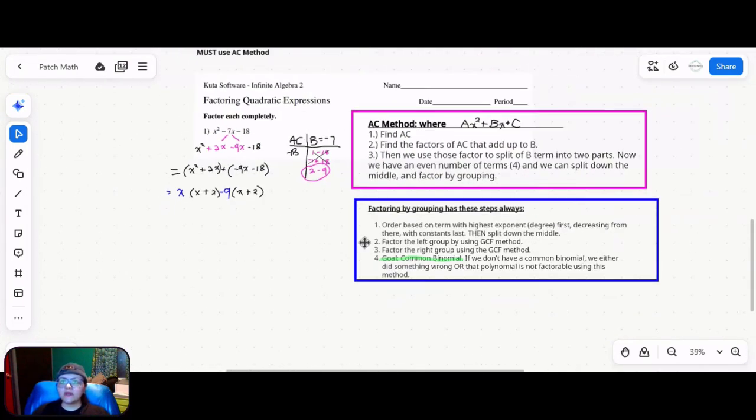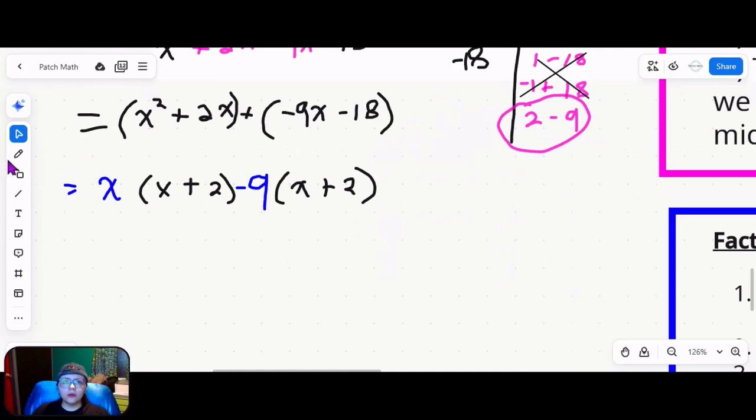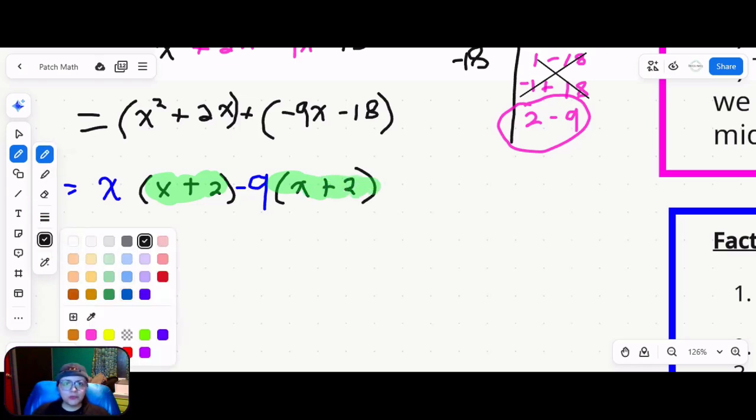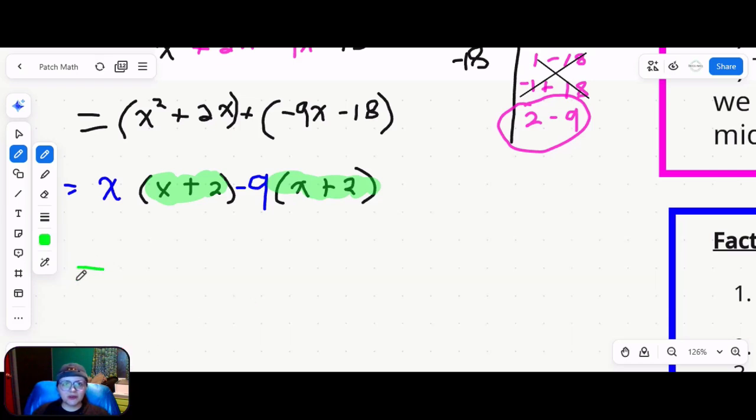And the goal was to have a common binomial that we can divide out of our two parts. And you'll see here our common binomial in part 1, common binomial in part 2. We can factor that multiplied binomial, or that multiplied part, definition of factoring there, out front.